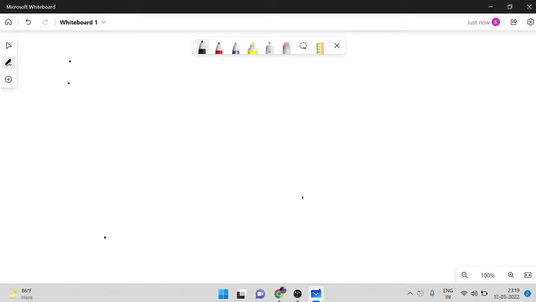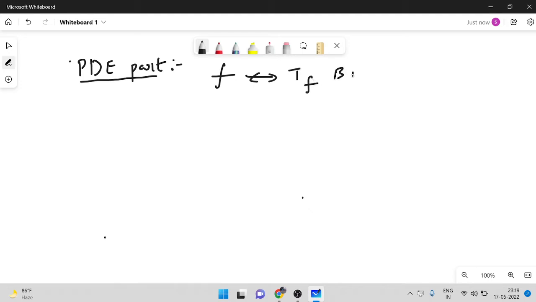So now let's go to distribution, the PDE part. Last time we showed that the map F to the distribution defined on TF is a bijection. Let's proceed with some examples of distributions.